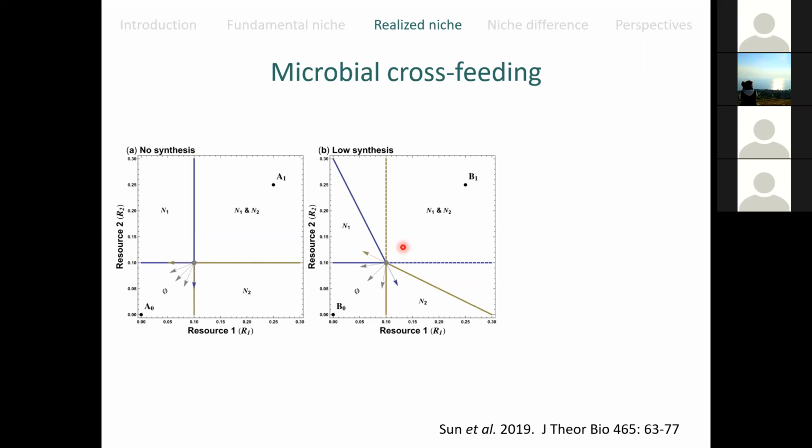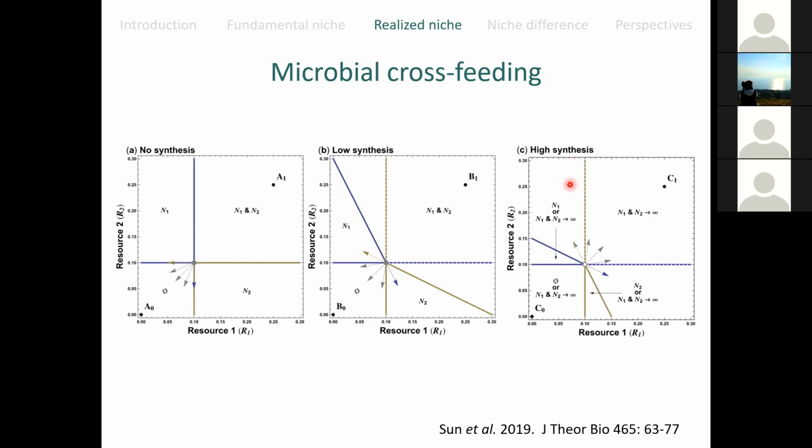However, if we were to go too far, so if our species are too efficient at cross-feeding, you reach a point where you can see geometrically that here these are the supply points, and these are the combination of supplies if you sum up each species' impact vectors.